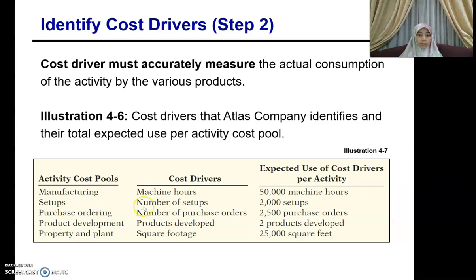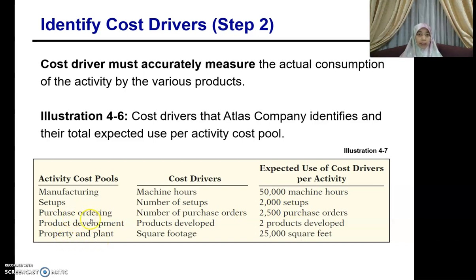For the setups, you identify that the cost driver is the number of setups, meaning the more setups that you have, the more cost that you're going to incur, and vice versa. So that means in total, you will have 2,000 setups.